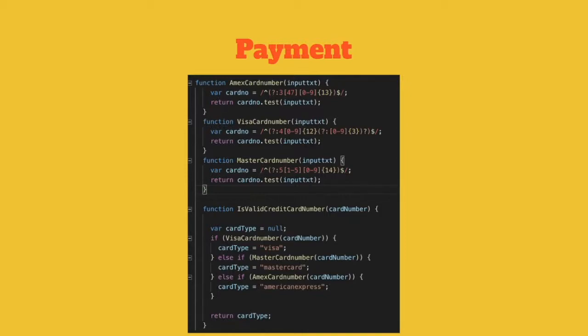The fourth function checks: is there a valid credit card number? If the card number is a Visa, for example, it will just set the card type to Visa, and so on until each card type is met.